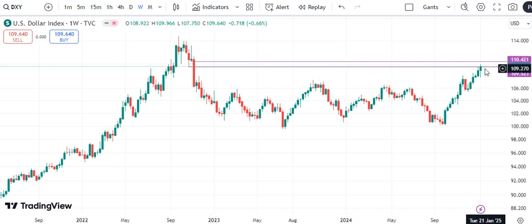And then if it goes above it, then of course this high will be taken out, and that will mean gold will decline. But if it trades to this level and starts declining, it will give room for gold to rally.